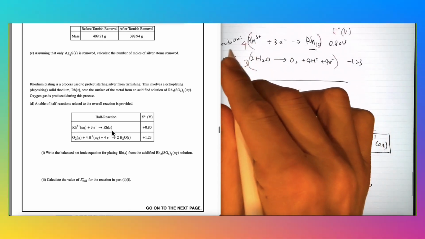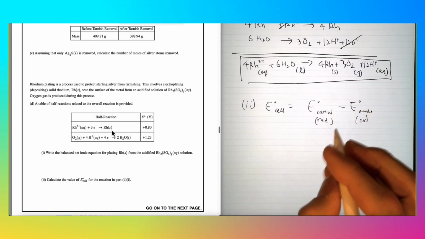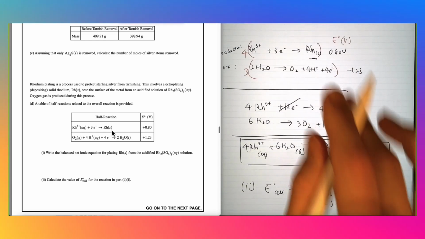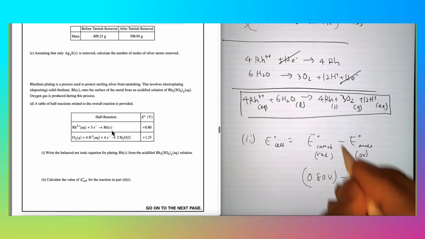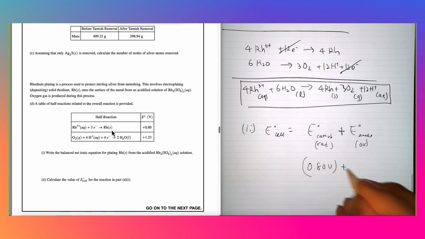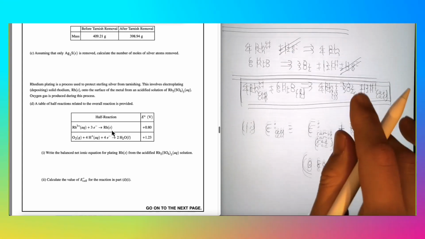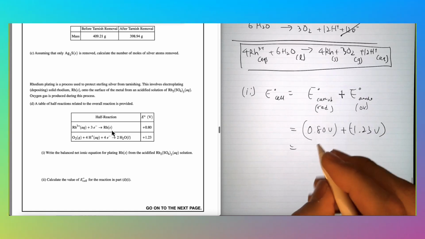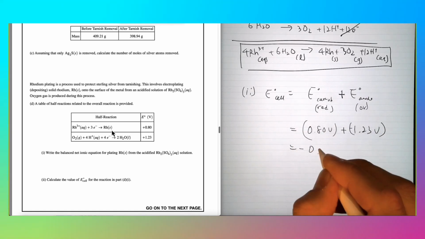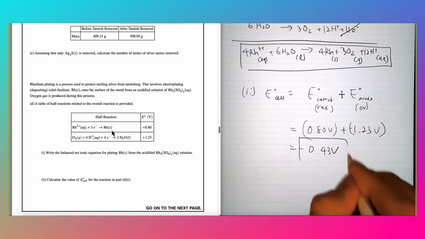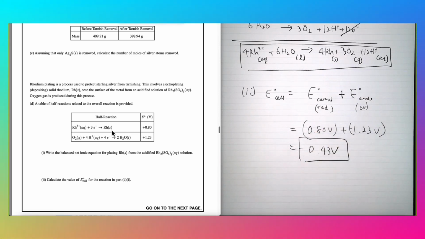So reduction, which I labeled here, is the 0.80 volt, and anode has a minus 1.23 voltage. So the overall you get negative 0.43 volt, and that gives you 1 point.